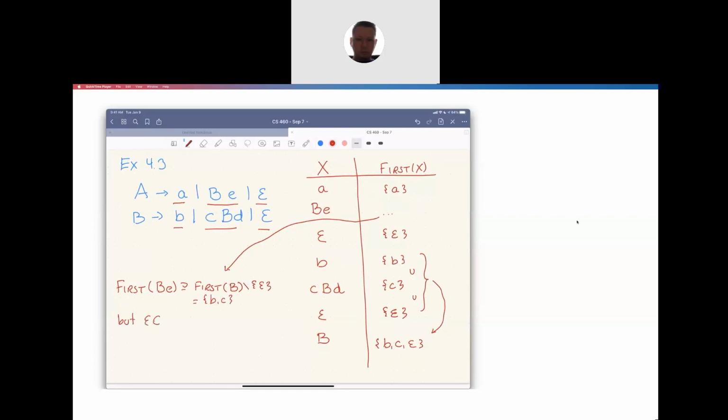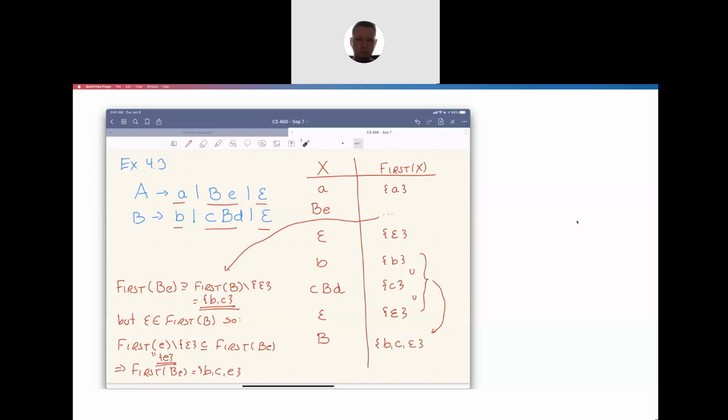But epsilon is in the first of B, so first of E minus epsilon is also a part of first of BE. First of E is just E. So therefore, first of BE must be BC, E.